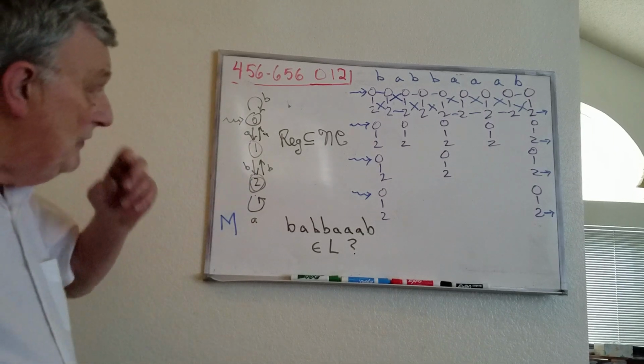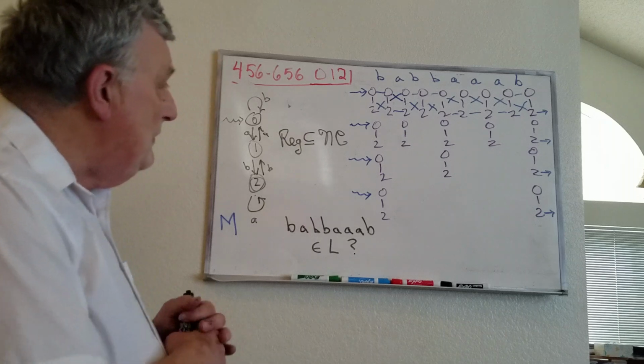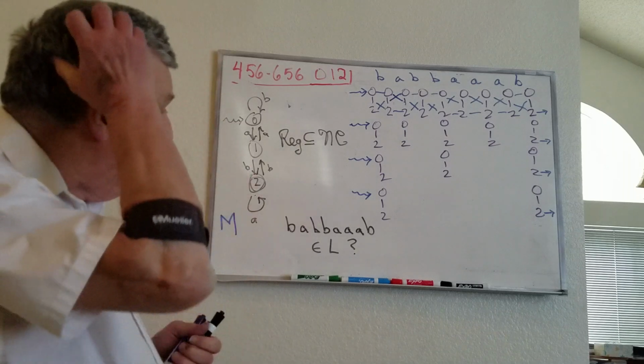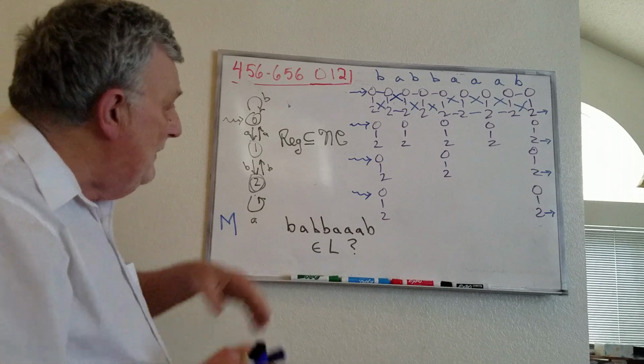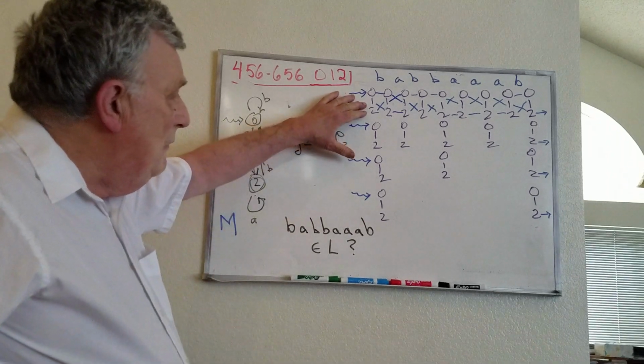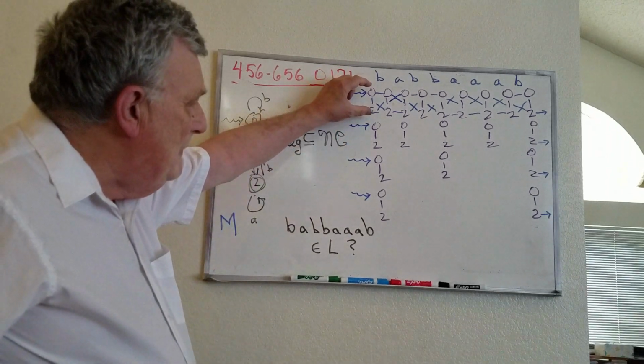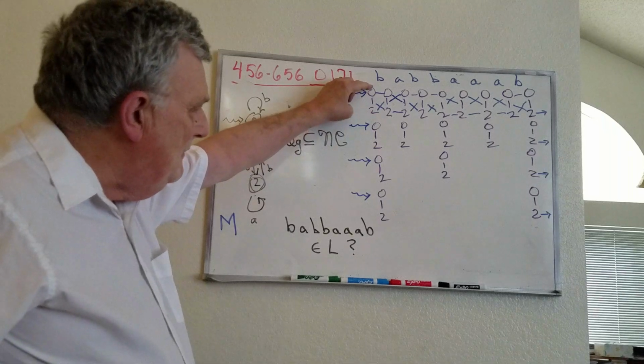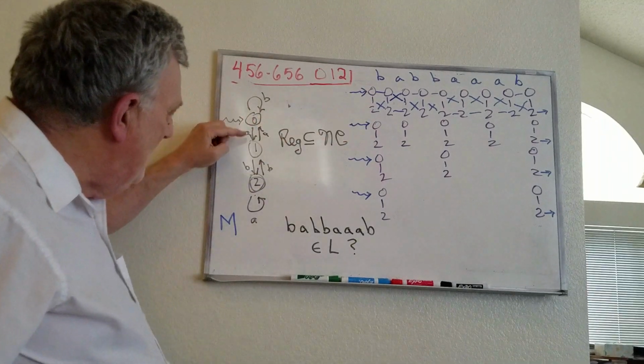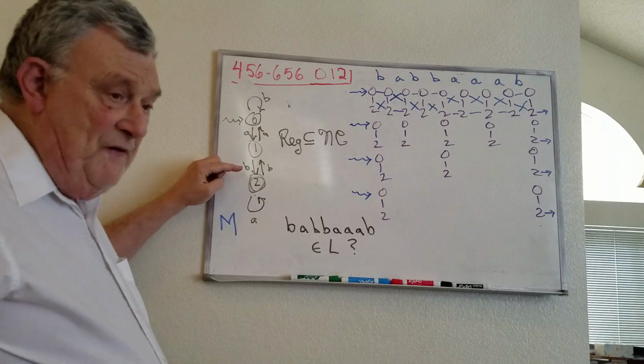So what we can do is basically build a layered graph. Here's the layered graph up here, where each column is one layer, and it consists of a copy of each of the states of the DFA.